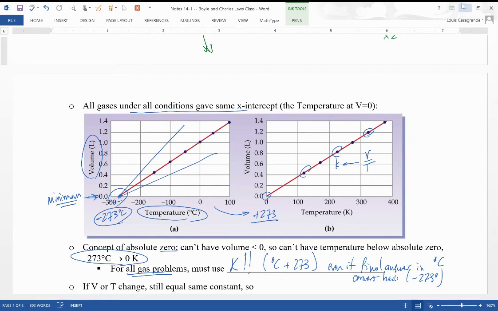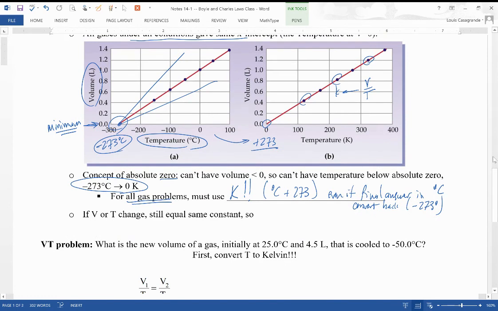So as I said, if the volume or temperature change, then we're still going to have the same constant. So we're going to rewrite this as our functional form, that V1, let's say this is V1 and T1 here, and this is V2 and T2 here, that V1 divided by T1 is equal to V2 divided by T2, since those both equal the same constant.